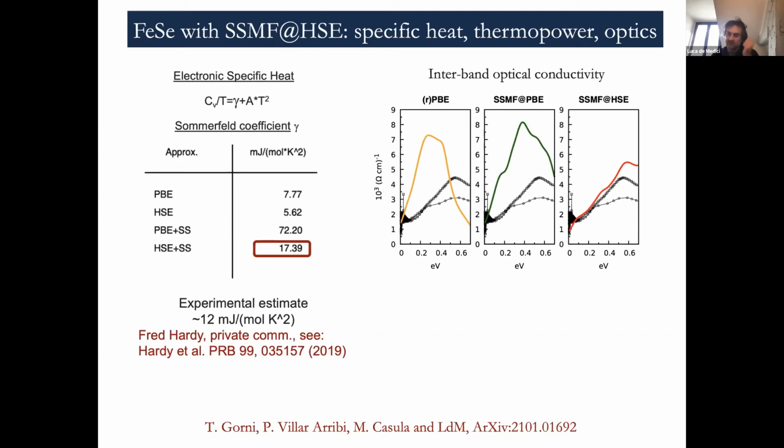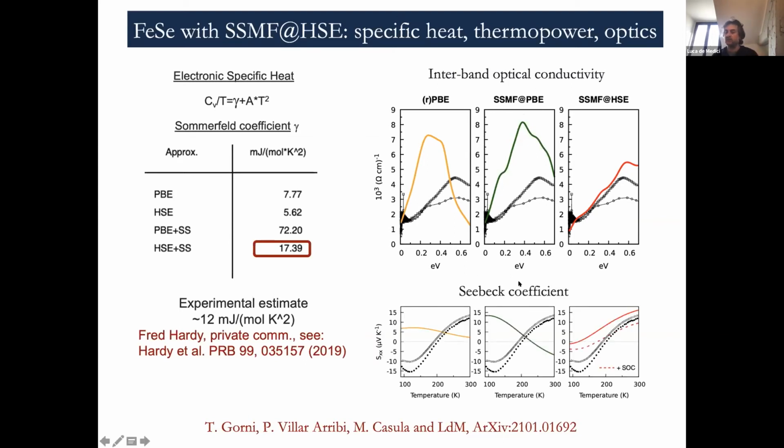And we pushed it a little bit even too far, and we investigated the Seebeck coefficient, which as a first approximation can be calculated without taking into account relaxation time. Indeed, at least we saw that the other approximations give a completely wrong sign and behavior of the Seebeck coefficient, whereas at least our formulation gives a nice agreement and also a change of sign, more or less, in the temperature, which is comparable to what you find in experiments.